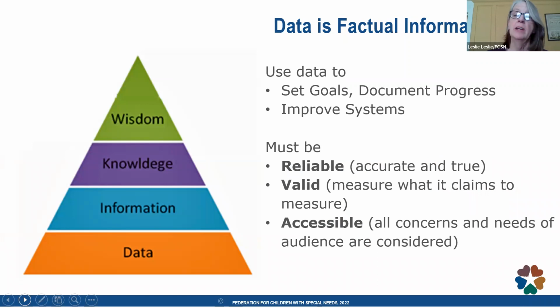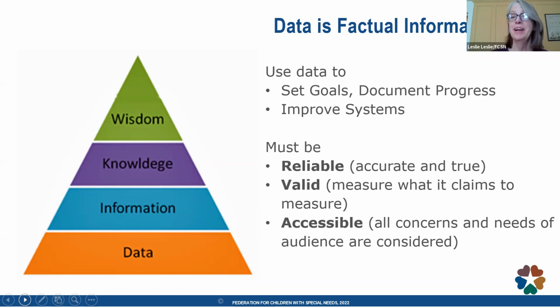So data is really factual information. It's information that a CPAC can use to set goals, document progress, and really be part of their advisory role in improving systems. But we must make sure that the data that we use is not only reliable and valid, but accessible, so that it really should be accurate and true.